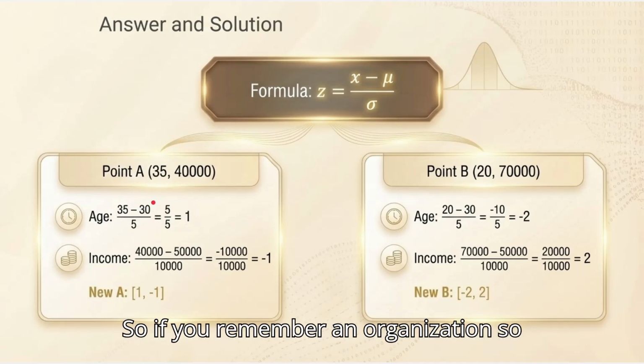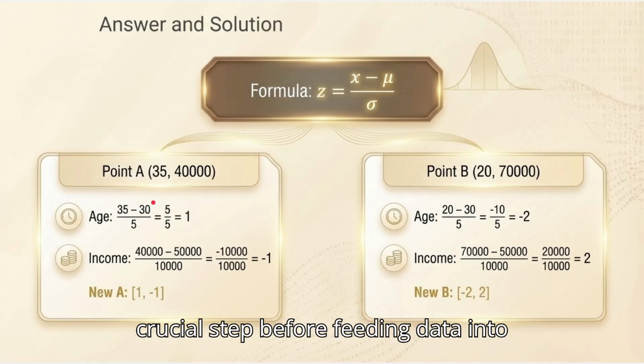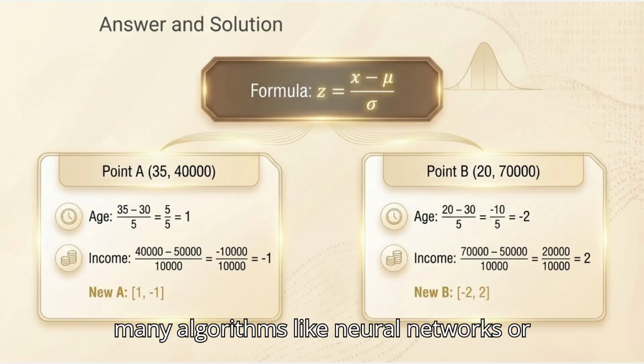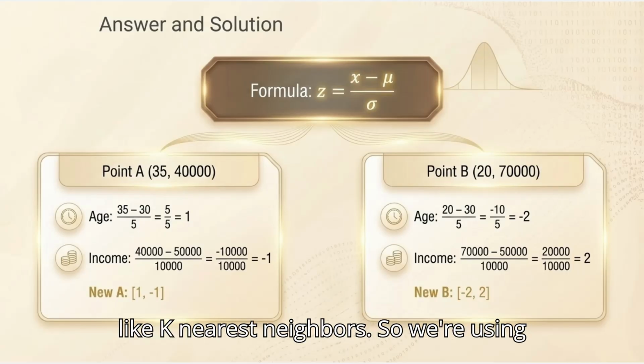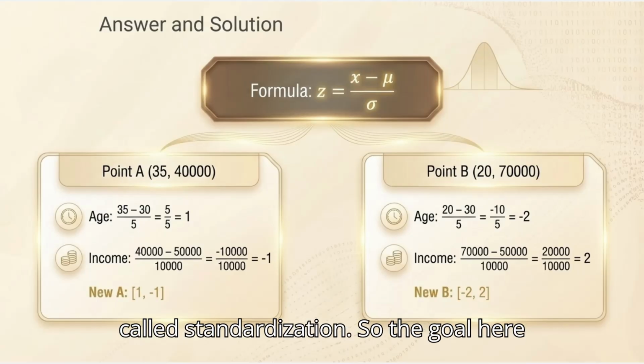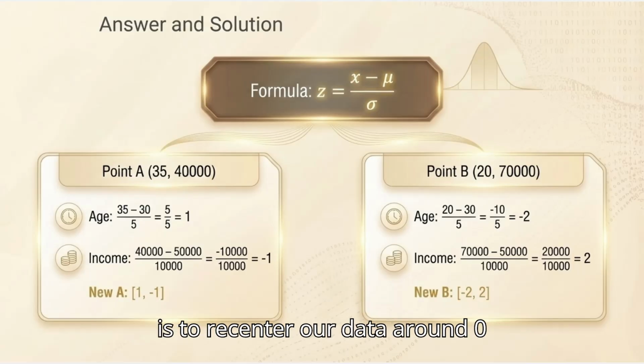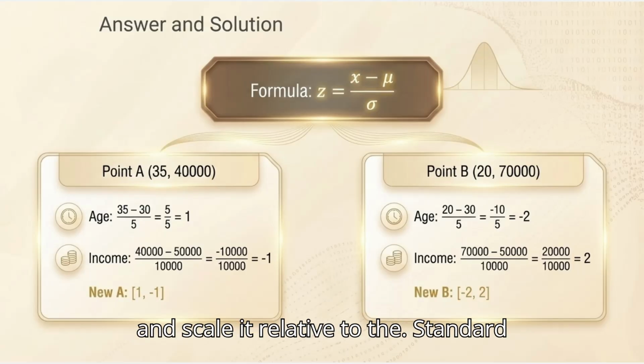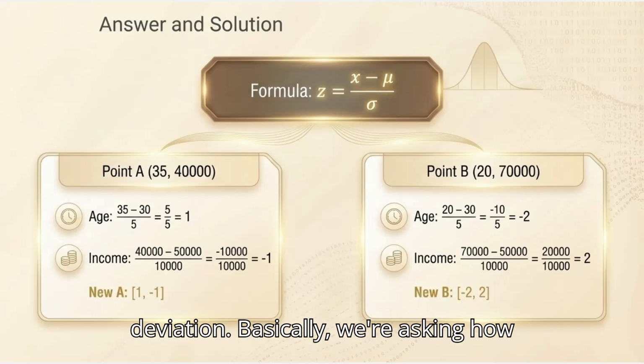If you remember, normalization is a crucial step before feeding data into many algorithms like neural networks or k-nearest neighbors. We're using z-score normalization, also sometimes called standardization. The goal here is to recenter our data around zero and scale it relative to the standard deviation.